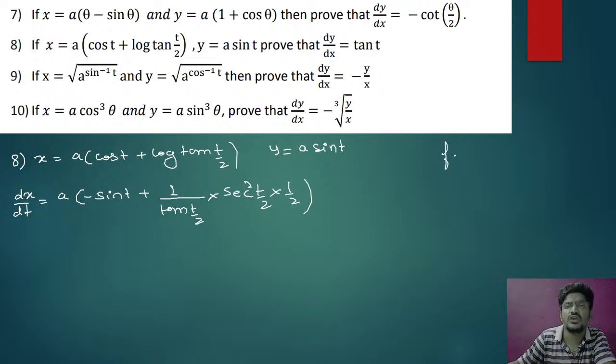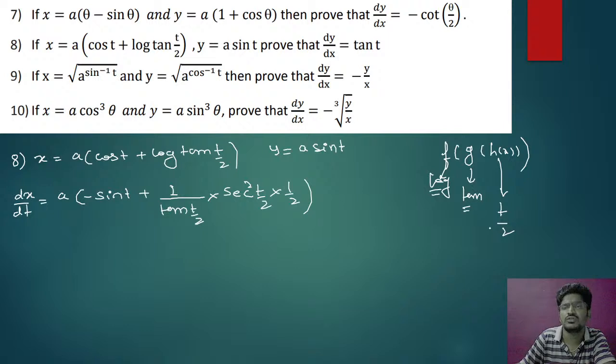See, you have f of g of h of x. Okay, f is log, g is tan, and h of x is t by 2. Are you getting my point?